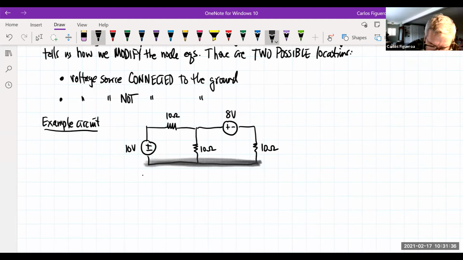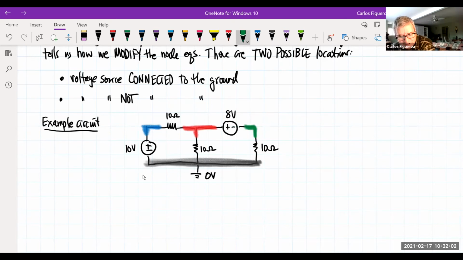And by doing that, what you're seeing here is that I have nodes, right? Let's look at this node. So if I look at the first node right here, and then I have a second node, and then I have a third node.